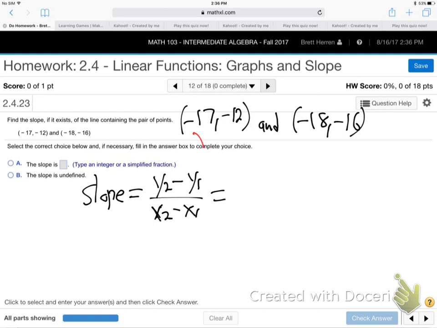All right, this is x1, y1, x2, y2. Take it from there. So watch the signs. The only thing that'll trip you up is probably the signs. So be careful. There's subtraction symbols built into the formula. That's in addition to all the things we're plugging in that have negative signs also.